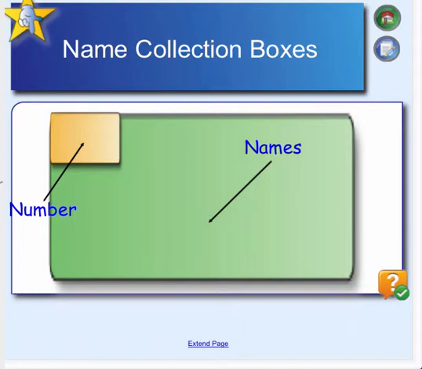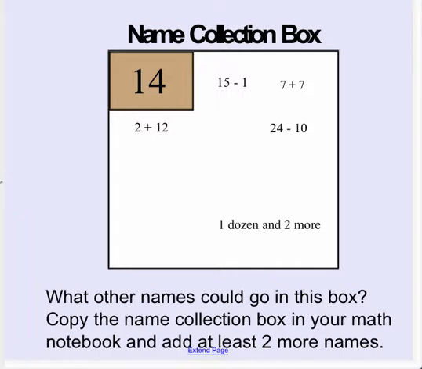A name collection box has a space up here in the corner for a number, and then it has a lot of extra open space around that for you to write in equivalent names for that number. This is the example of 14, like you just solved earlier in today's lesson.